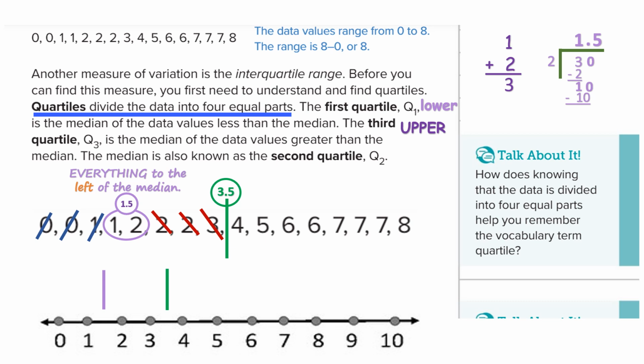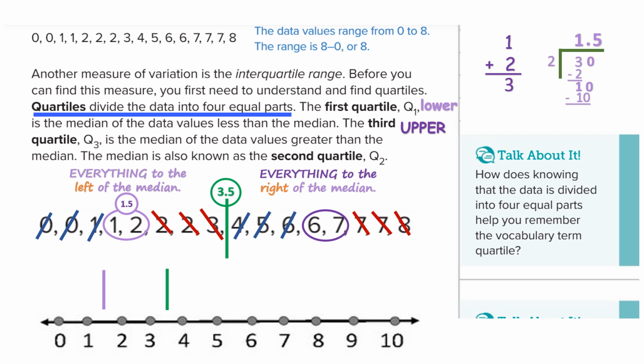Now, I have to do the Q3, as the book says, or what I refer to, and you'll probably see more often, as the upper quartile. So for the upper quartile I have to go to the right of the median. And once again, the median is that big slash in the middle that's labeled 3.5. So I have to include the 4. So everything on the right, then I work towards the middle.